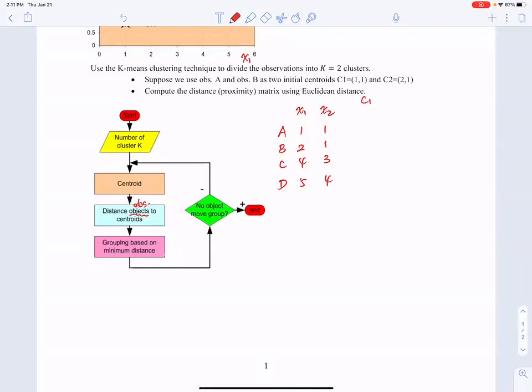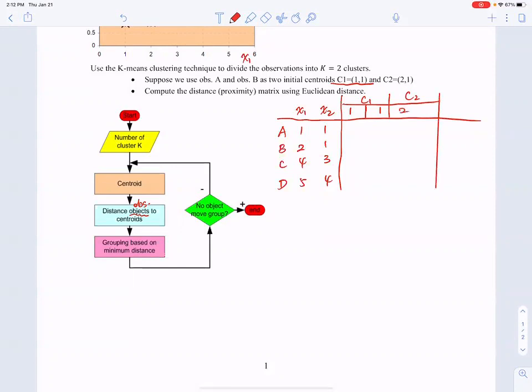The first center is A, which is (1, 1). The second center is (2, 1), because we are going to use B as the second center.